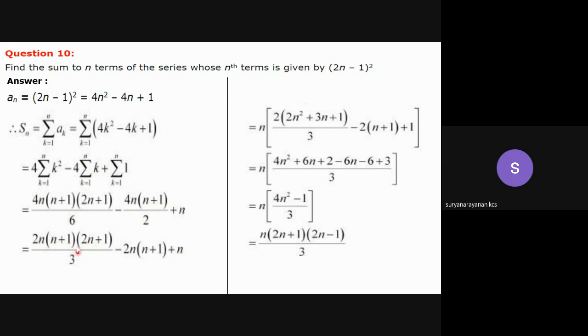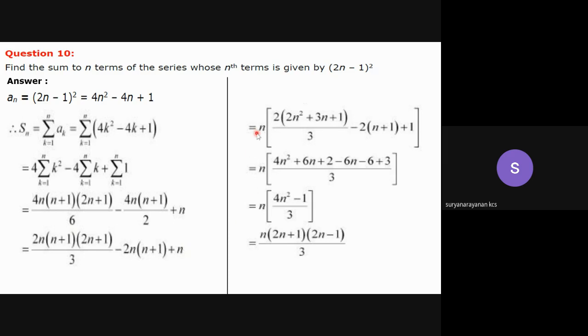Here the remaining part is that we have to simplify these three terms to make it a single term. If it is not possible, we leave it. As we left it for the 9th question, we leave that as it is. Otherwise, as far as possible, we have to convert all the terms into a single term.